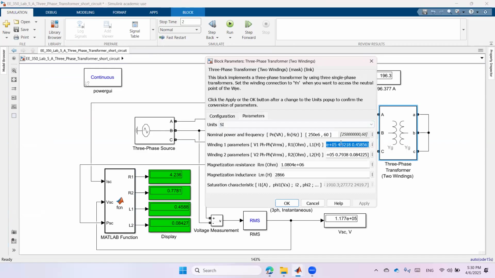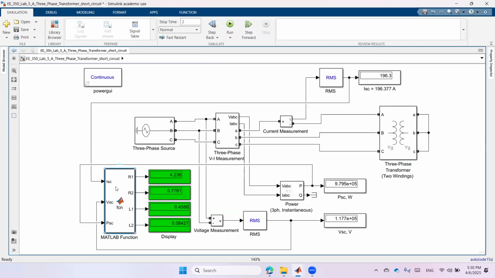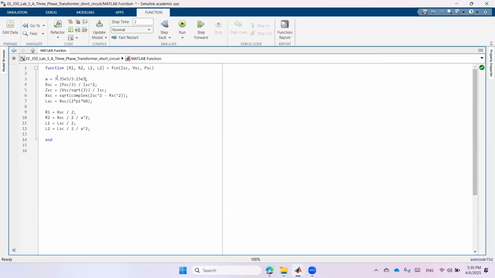You see that V1 is 7.35 times 10 to the power of 5, and V2 is 3.15 times 10 to the power of 5. You take them here and calculate the transformation ratio.